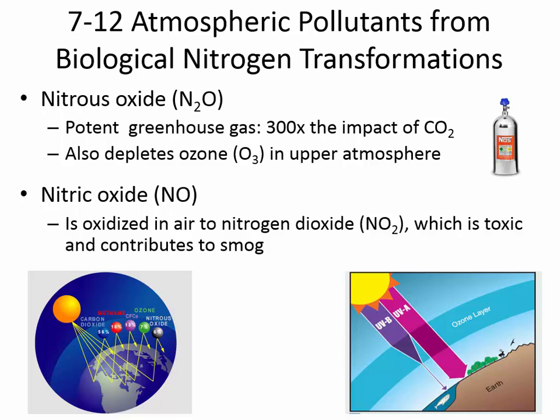There's another gas that's sometimes emitted during nitrogen removal in wastewater treatment, and that's nitric oxide, NO. Nitric oxide isn't a greenhouse gas, and it's not going to deplete the ozone layer, but it can turn into nitrogen dioxide, NO2, which when it gets into the atmosphere forms nitric acid.